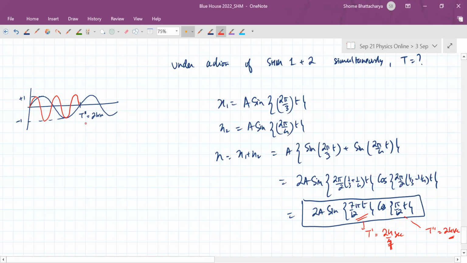I've drawn one where I've not drawn an integer number of cycles, but whatever. So suppose this had a time period. Now effectively for the product of the two, this will only become the time period. Yes, sir. So it's like the HCF kind of thing. So it's 24 by 7. So the effective time period of the product will actually become 24 by 7 seconds.